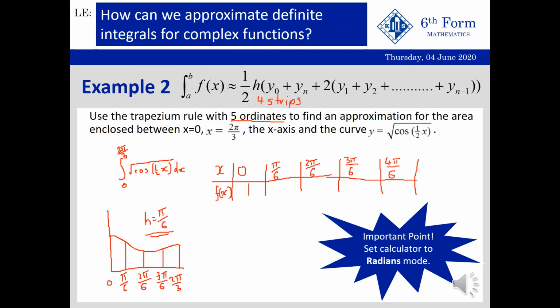So mine comes out as being 1, 0.983, 0.930, 0.841 and 0.707. Actually, just checking carefully, that one should be 0.931 rounded to 3 decimal places.